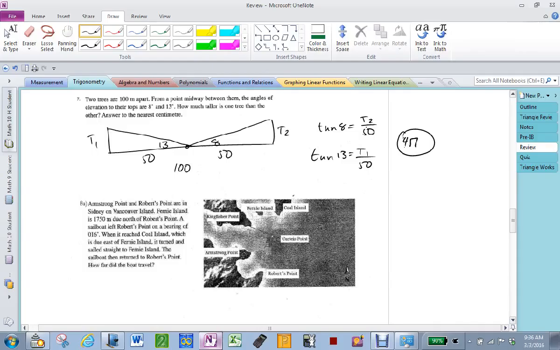On this one, 50 tan 8 minus 50 tan 13, 4.516, so it's 4.52. So it's 452 centimeters, exactly. Cool? If you had 451, give yourself 1.5.